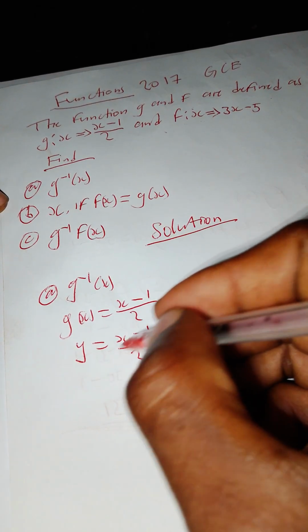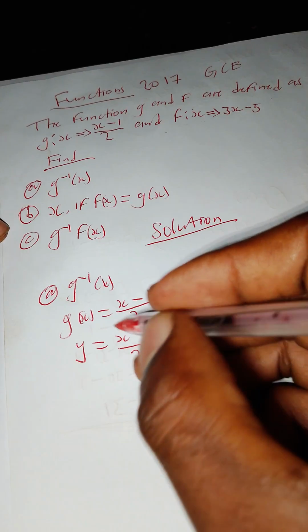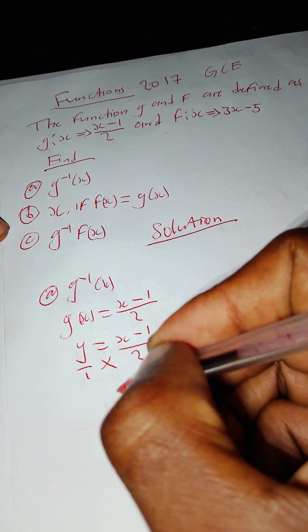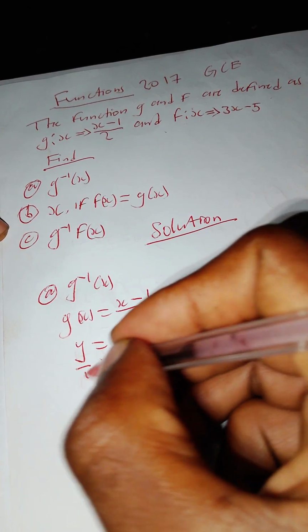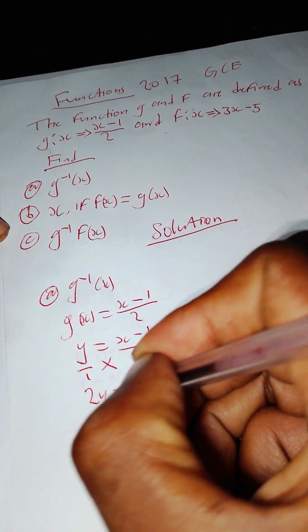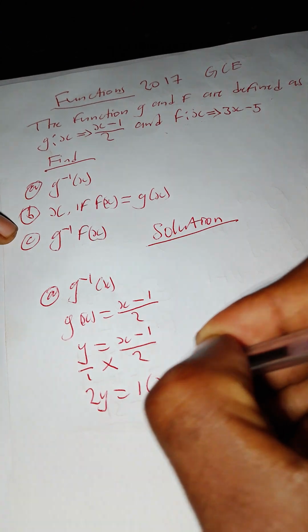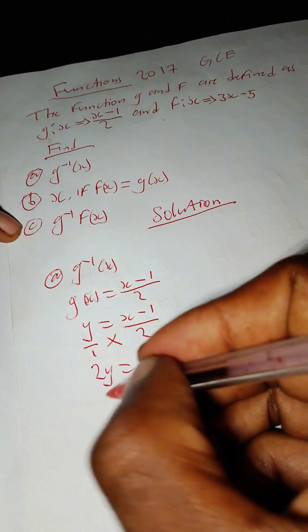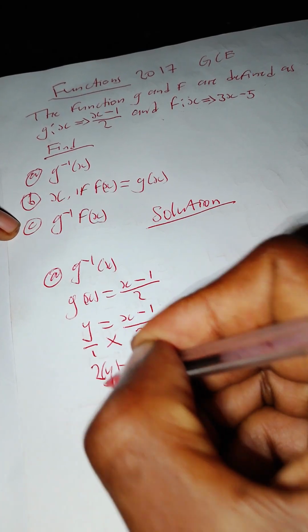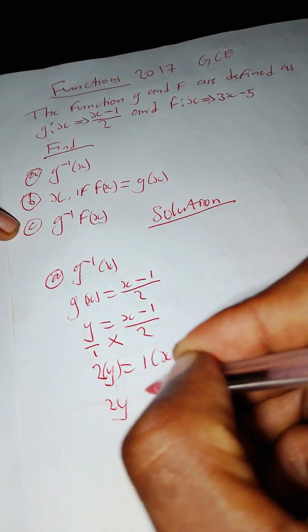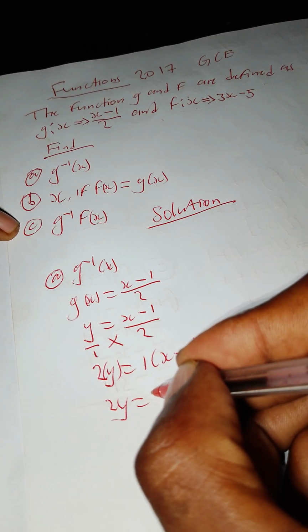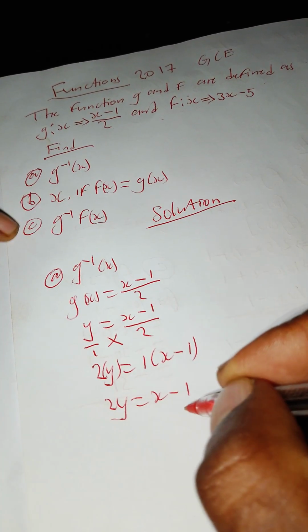Make x the subject of the formula. How do you do that? Cross multiplication. So we are going to have 2y is equal to 1 times (x minus 1). Distribute the 1 inside there, and you have x minus 1.